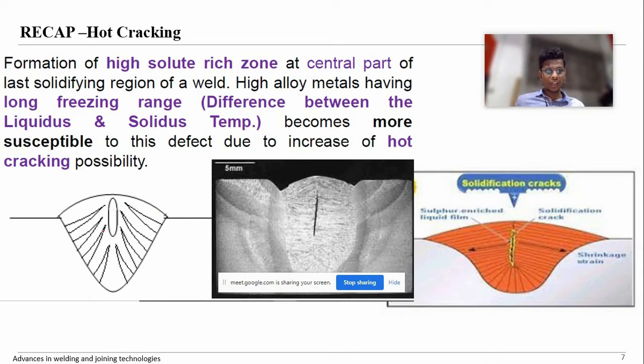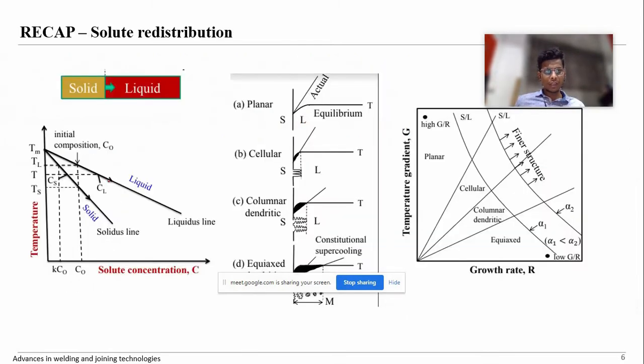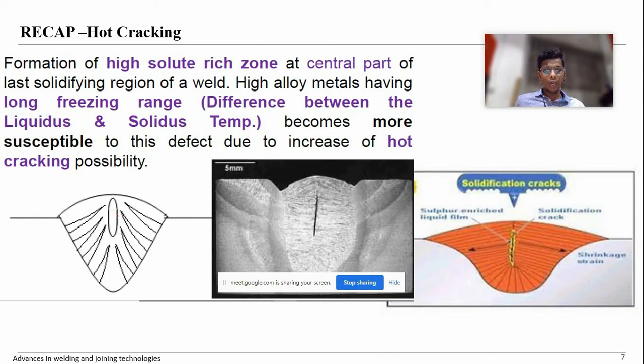During growing, it will reject the solute, and the liquid will get more solute and have the lowest temperature. Generally, if I take iron carbide, it can be a eutectic point, meaning the lowest melting point. This is already a mushy zone, and it will solidify late.